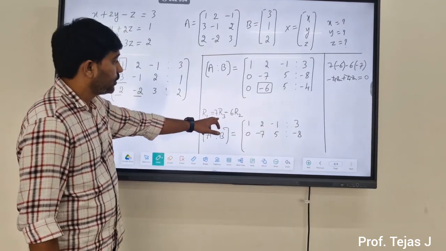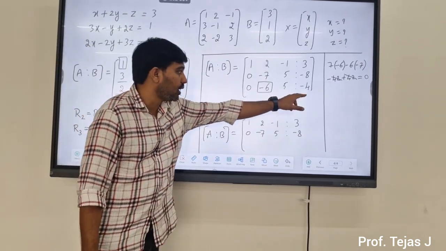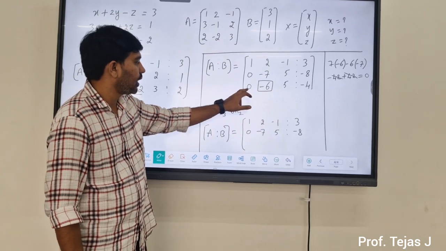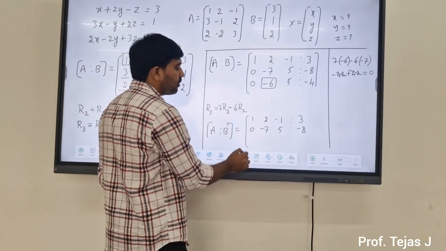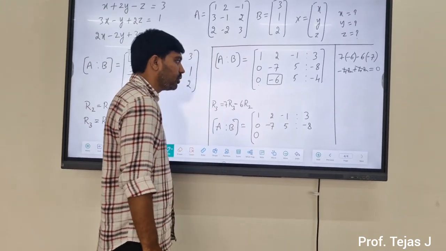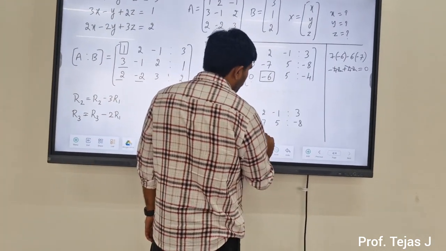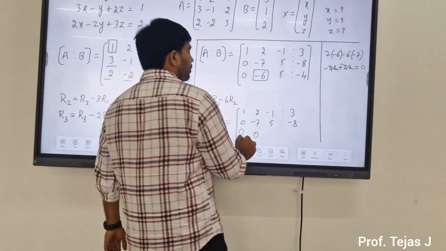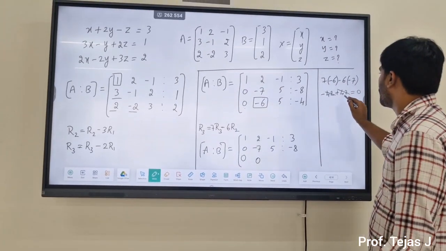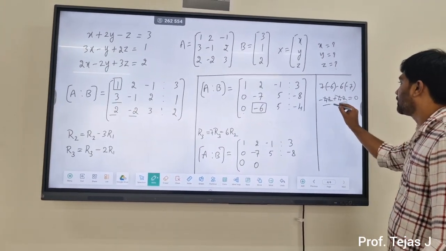When you use this operation for R3, you can see in R3 and R2, both the values are 0, so it will be 0 itself. And when you apply it for minus 6, we already proved it will be 0 because we get minus 42 with plus 42, right?